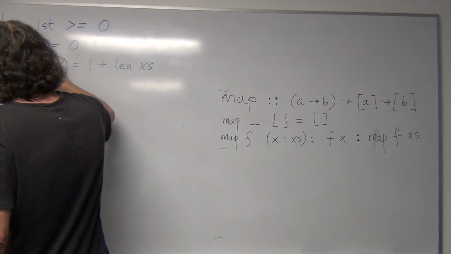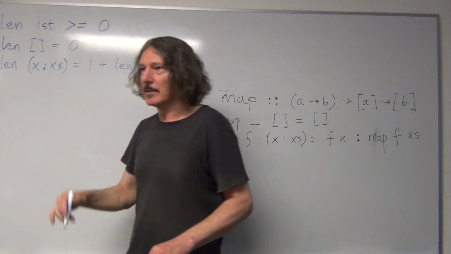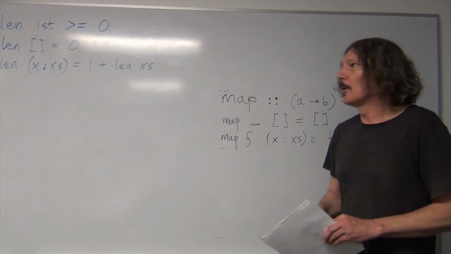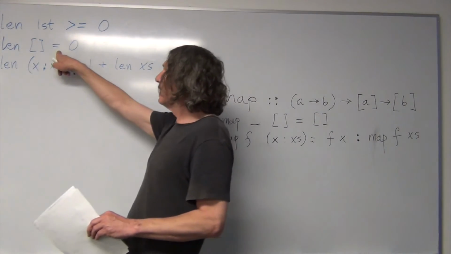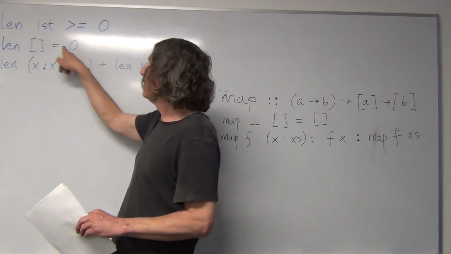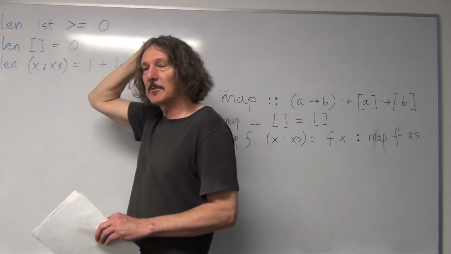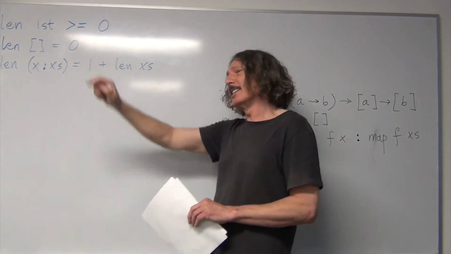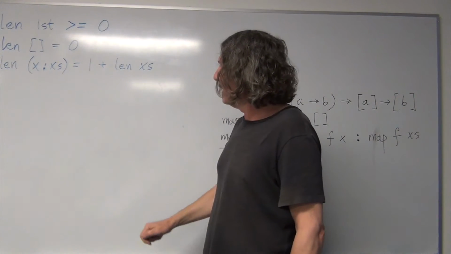And actually, I'll keep the x. It's a wildcard, right? Okay. So obviously, this shows that the length of an empty list is 0, which is definitely greater or equal than 0. Fine. But this guy, it's not so clear, right?